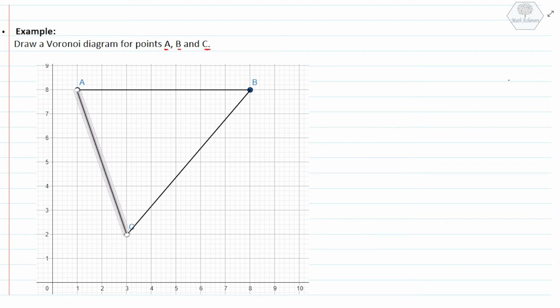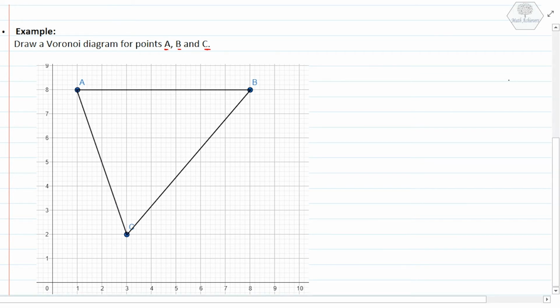After drawing my straight lines, I want to draw the perpendicular bisector for each line.